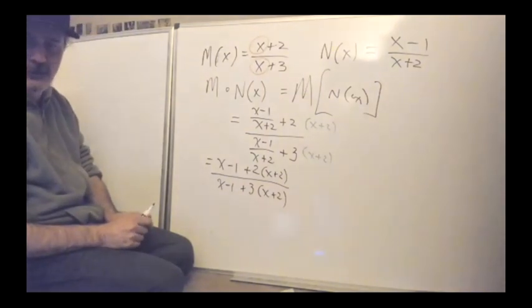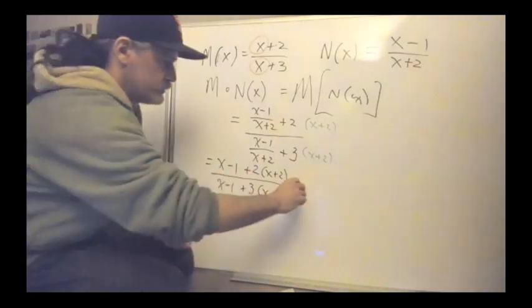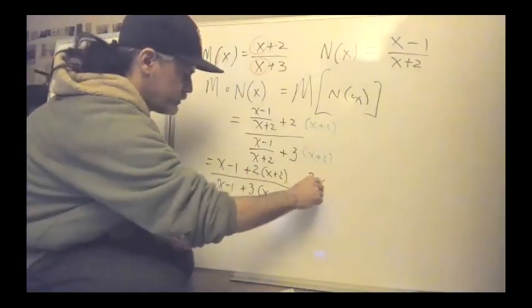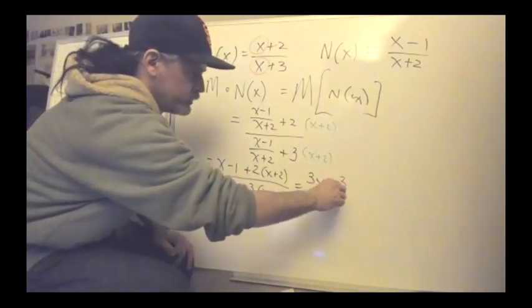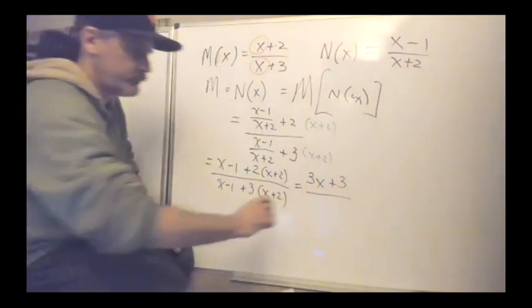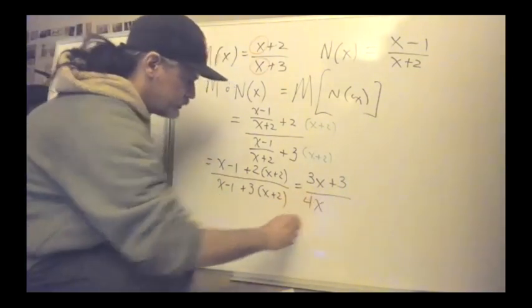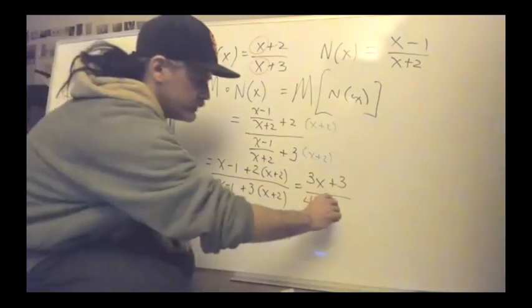Okay, and then you could do probably some more in your head. So X plus 2X, so that's 3X. And then minus 1 plus 2 times 2, so that's plus 3. And then on the bottom, X plus 3X, so that's 4X. And then minus 1 plus 3 times 2, so that's 5.